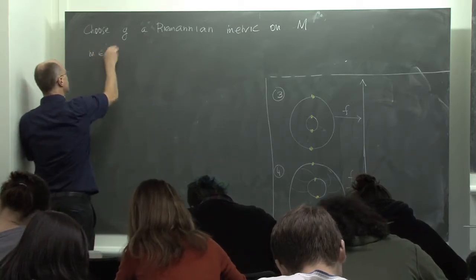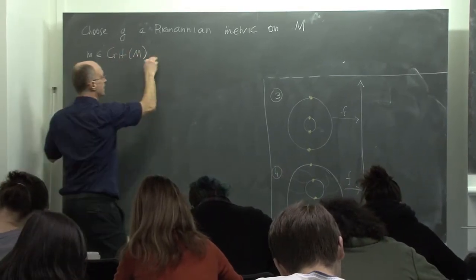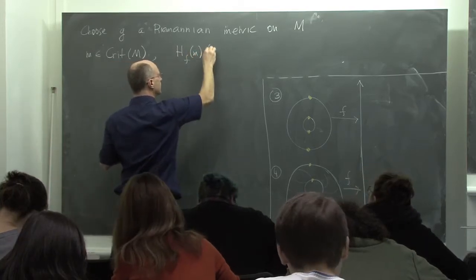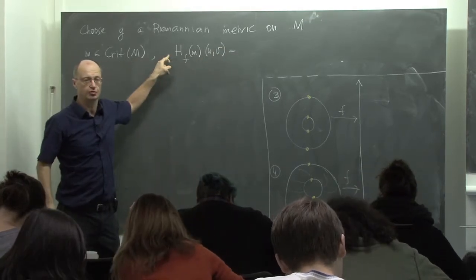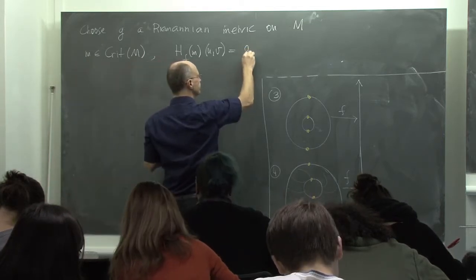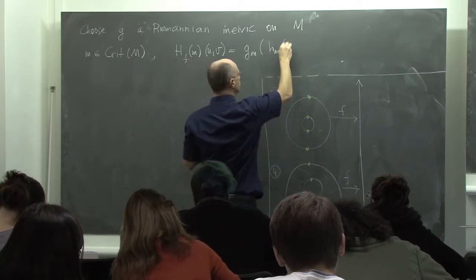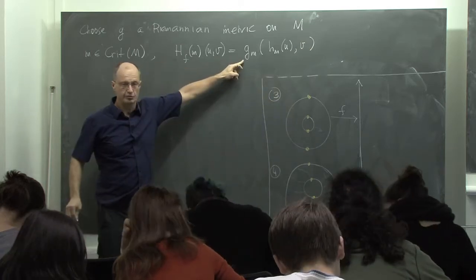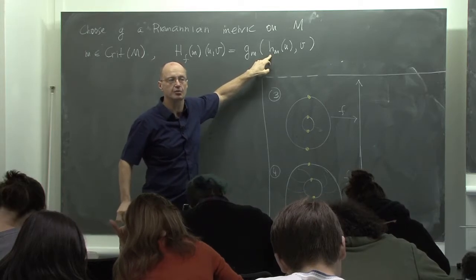Suppose that m is a critical point. Then one can rewrite the symmetric bilinear form defined by the Hessian as the bilinear form defined by the metric. And here you would get some linear operator.